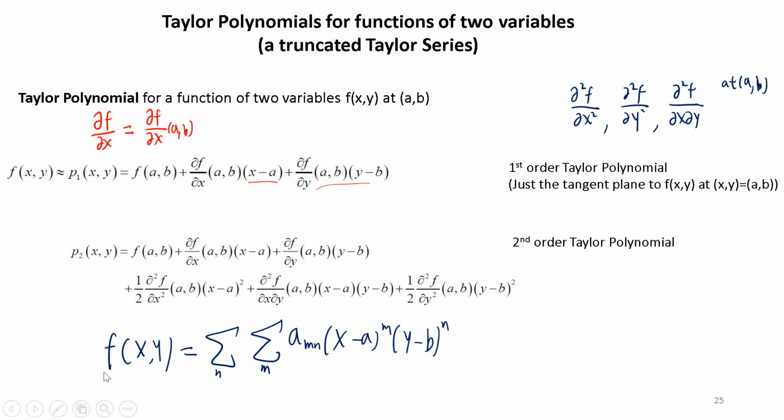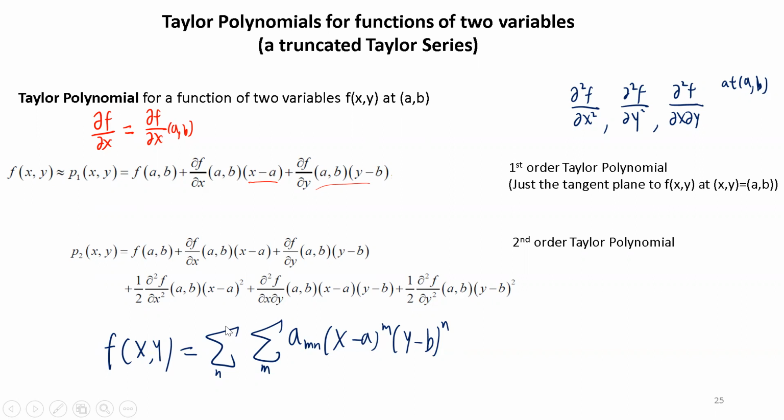You're assuming that this function of two variables is written as a power series again, but it depends on both x and y, and in principle these two sums are summed to infinity.